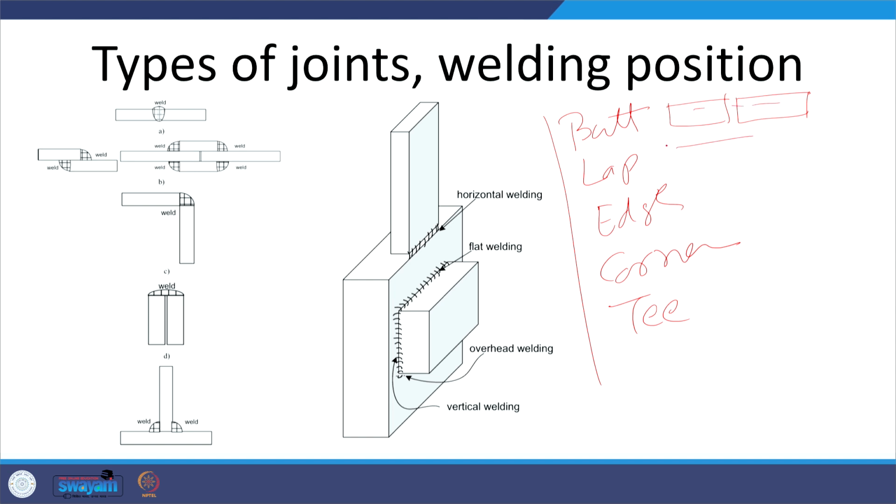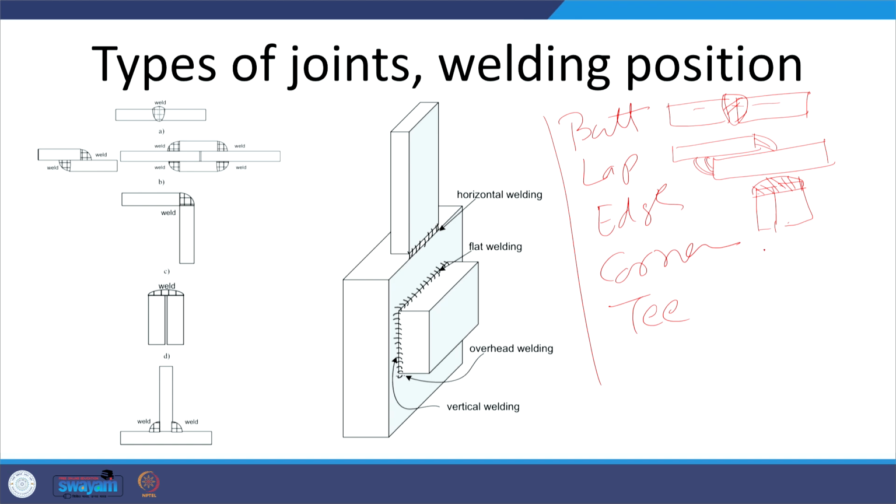When the components to be joined are kept in overlapping position, we develop the lap joint. When the edges are used for developing the weld joint, like the two components placed almost parallel to each other and the joint developed at the edges by melting the edges of the components, that is an edge joint.